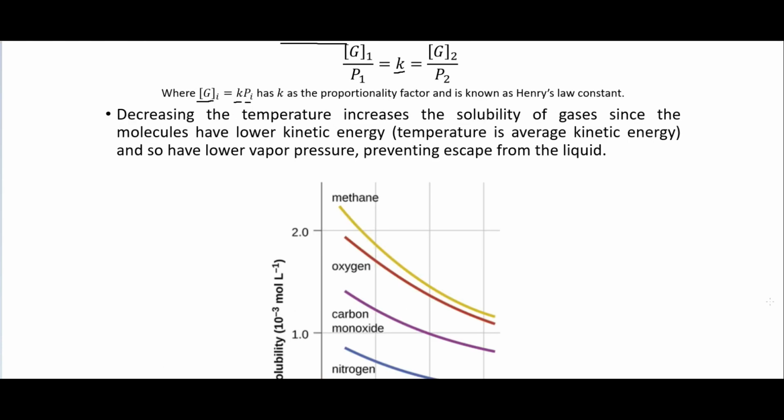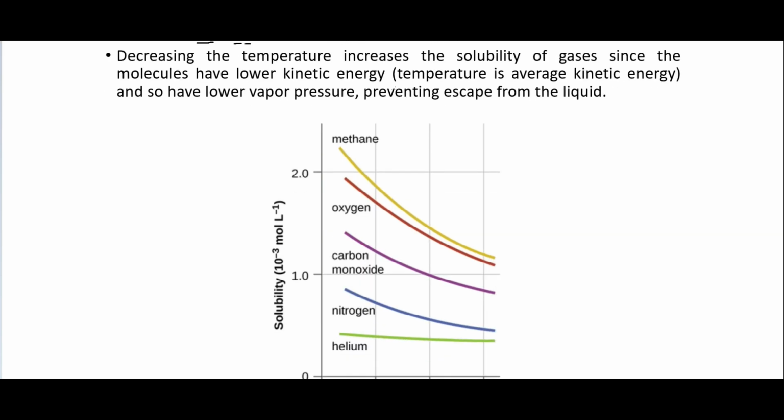So this is different than when we're dissolving solids in a liquid. Here, instead of increasing the solubility when we increase the temperature, we actually decrease the solubility when we increase the temperature. And this is because when we increase the temperature, the molecules have greater kinetic energy, so they have lower kinetic energy if we decrease the temperature.